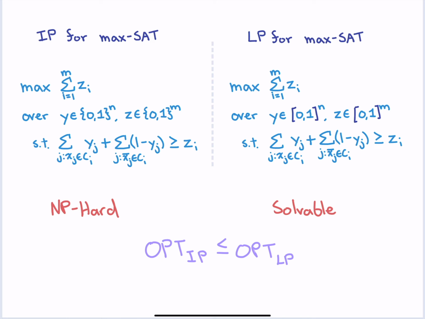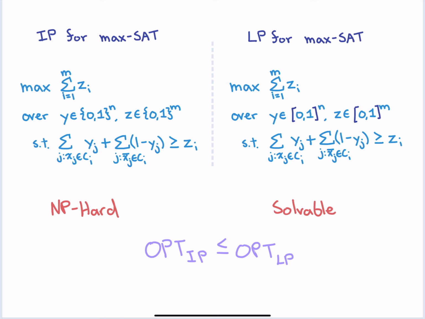Now, one thing important to point out is that the integer program in this case is strictly more restrictive compared to the linear program, right? The integer program says you have to choose 0 or 1, and the linear program says you can choose 0 or 1 or any value in between.